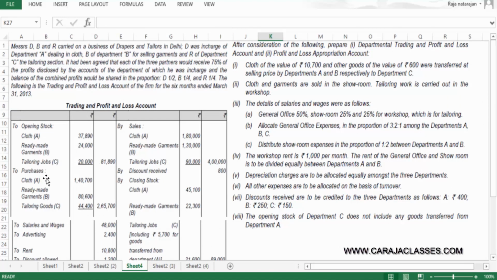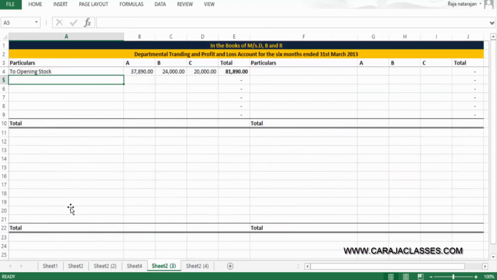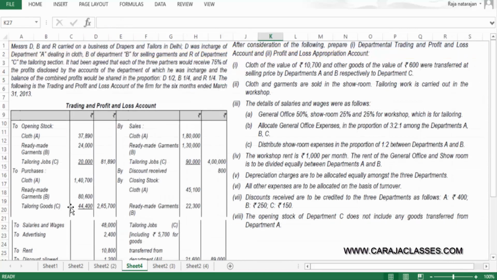The next item what we have is purchases for cloth, ready-made garments and tailoring. Let's capture it. We'll say purchases are 1,47,00, 80,600 and 44,400. So this is the total purchase.